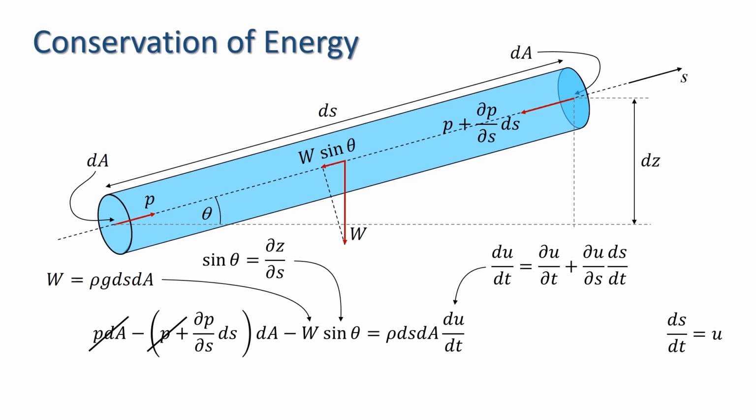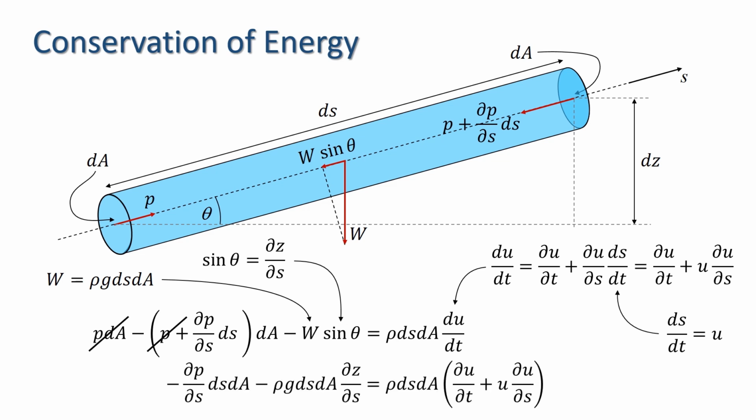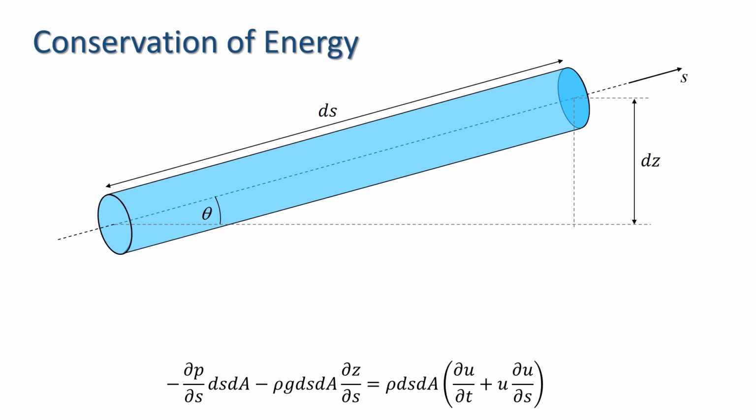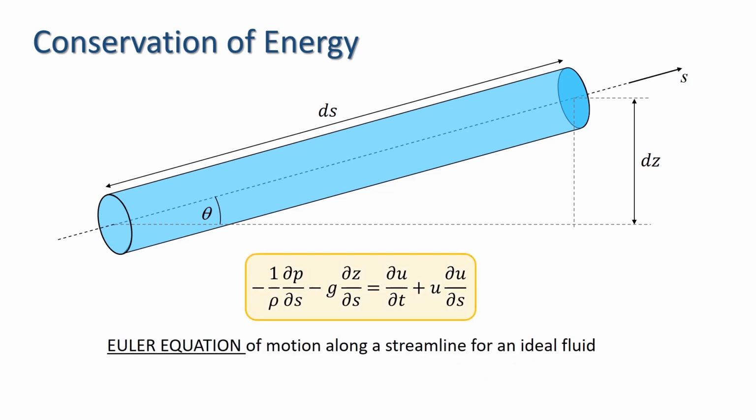And finally, u is the velocity in the s direction, hence ds/dt equals u. Substituting all those, we have this equation. Now, if we divide throughout by rho ds dA, we have this equation. This equation is called the Euler equation of motion along a streamline for an ideal fluid.